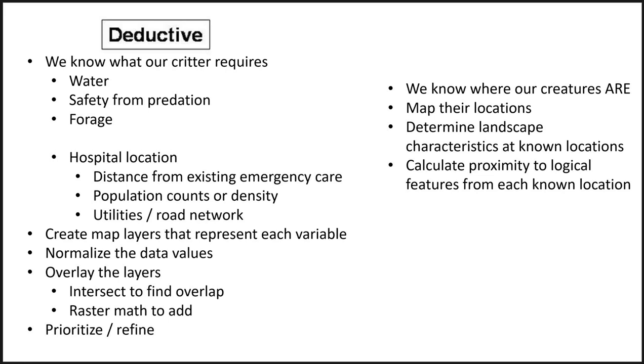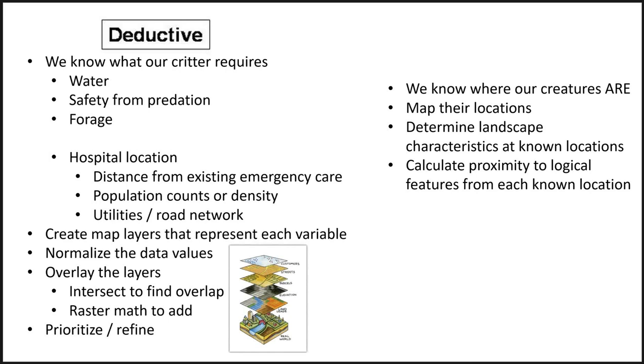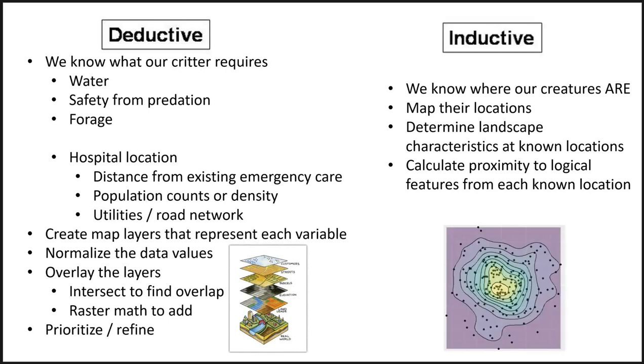This can come from literature or understanding of the species. It combines different map layers to identify suitable locations. And inductive models are based on known locations, radio collar data.